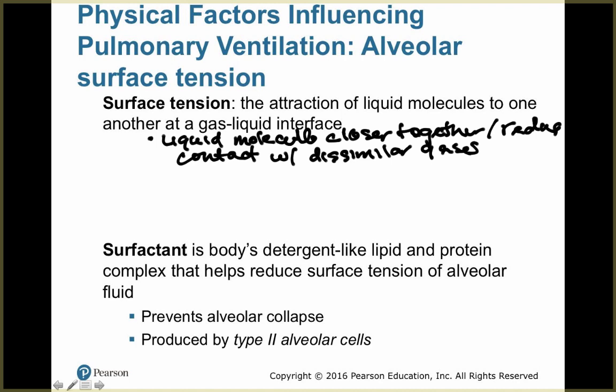This is also going to help with resisting any force that tends to increase the surface area of the liquid.